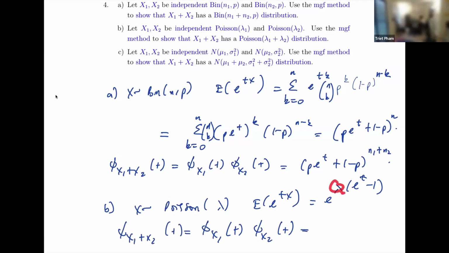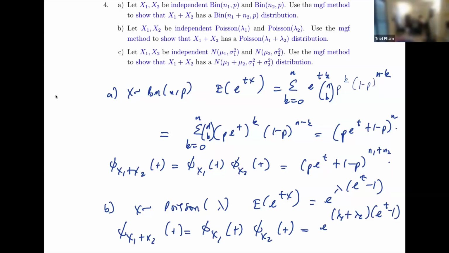We have lambda 1 and lambda 2 here. Well, we multiply them together. Clearly, we sum the exponents, and e to the t minus 1 factors out, with the end result being e to the lambda 1 plus lambda 2 times e to the t minus 1. Correct?